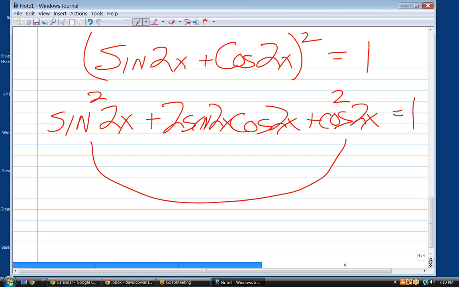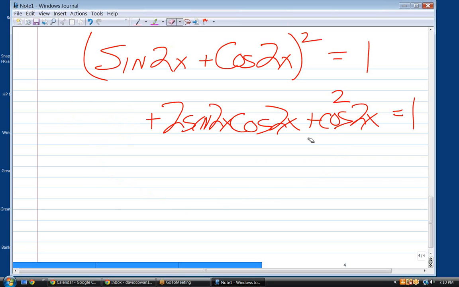Sine squared plus cosine squared is always equal to 1 no matter what the angle is. In this case, the angle is just 2x. So I can replace this and this with 1. And now I can erase that and make this whole thing equal to 0.